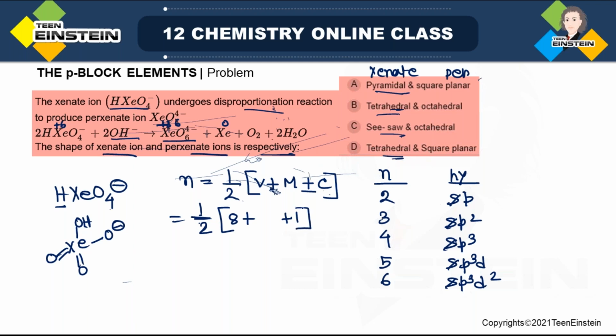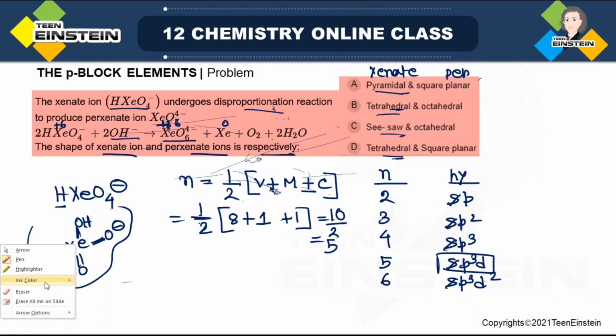Though from the structure I have drawn, it seems that 2 monovalent atoms are attached, as you have considered the negative charge, you have to consider only 1 monovalent atom, and it is having value 10 by 2, that is 5. That means sp3d.